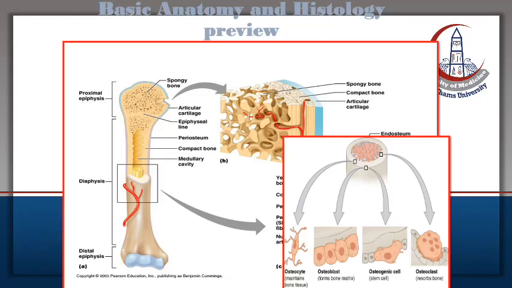Osteoblasts, which are the bone forming cells lining the bone trabeculae, when it comes at a resting position, it is called osteocyte. On the other hand, the osteolytic cell of the bone is called osteoclast, and it is a multinucleated cell.